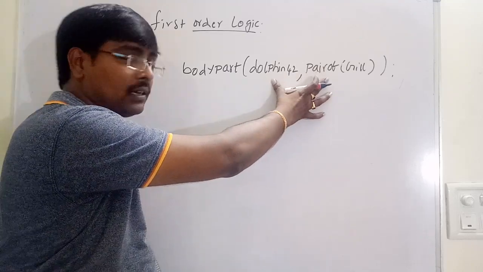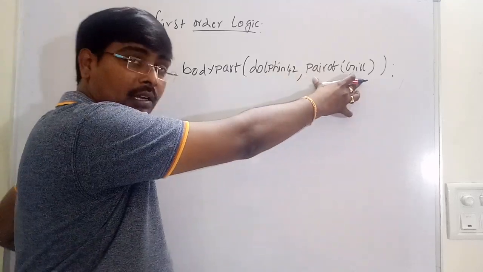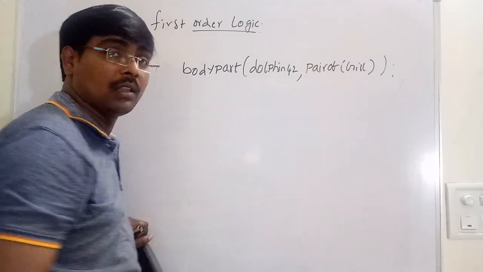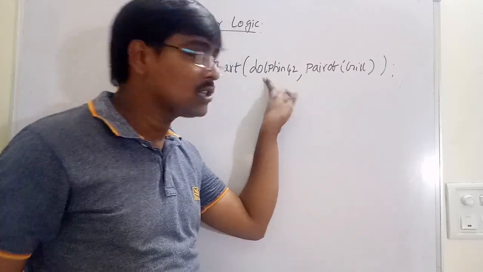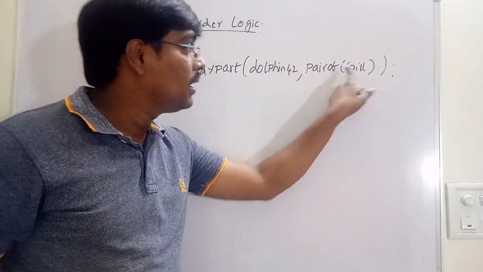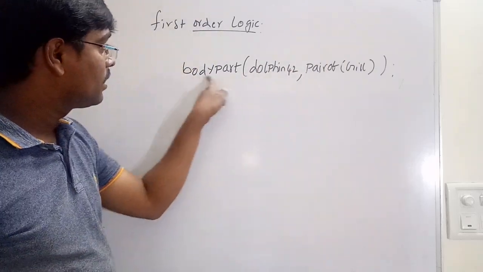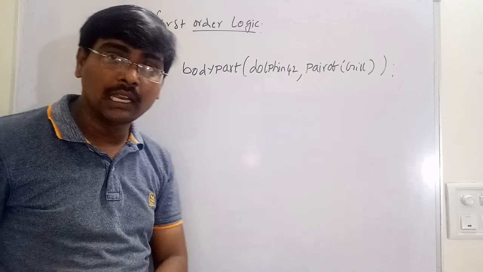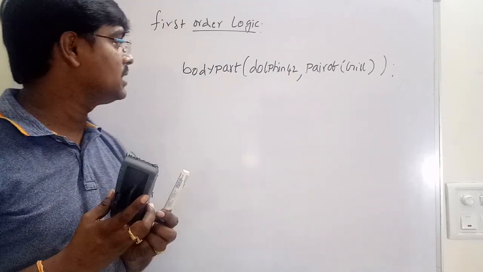Here these two are terms that refer to objects. Dolphin 42 is a constant, pair of is a function symbol, and gill is the corresponding term. Here body part is a binary predicate, so the result is either yes or no.